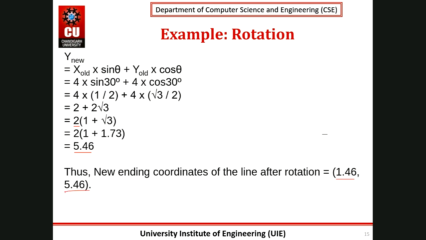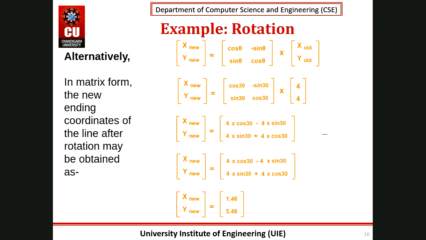There are basically two methods to solve these types of equations. That was the normal equation. You can also solve these types of questions in the form of a matrix. So cos theta, minus sine theta, sine theta, cos theta, this is my transformation matrix, and this is my object point. We can also call it the object matrix. Now just put in the values.